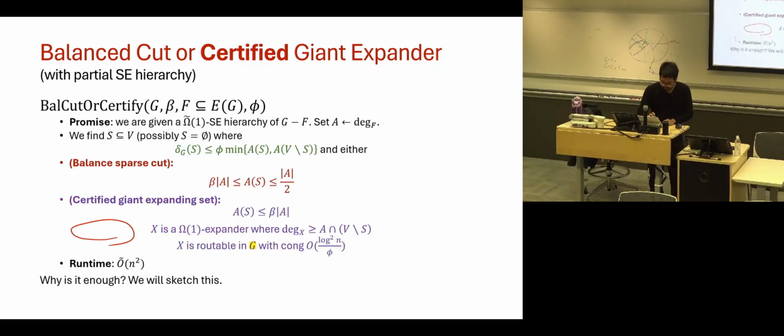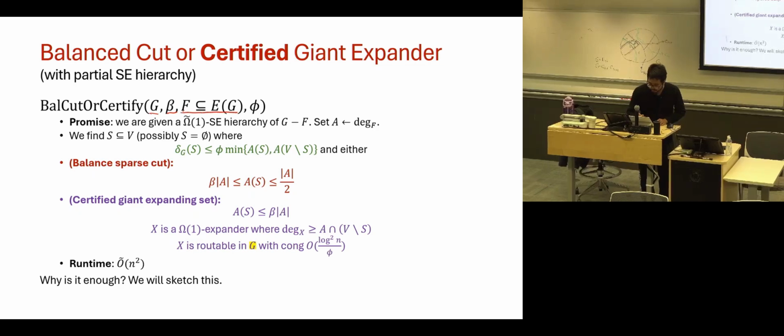So okay. The more formal one is just this. I have a graph, some balance parameter, F and phi. Then we get a promise that you get an expander hierarchy of graph minus F. And let's say A is the degree node weighting of F. Then you get a sparse cut with respect to F. And this cut is either balanced or it's not balanced.